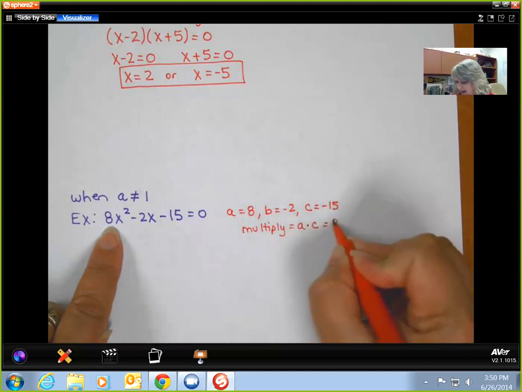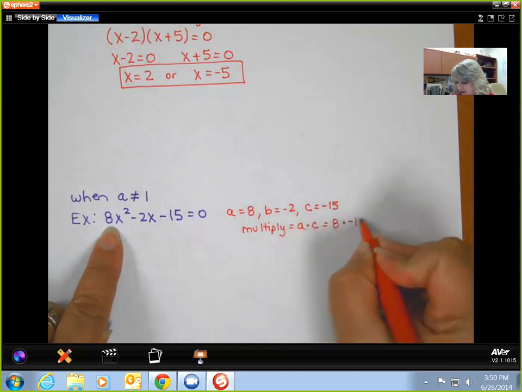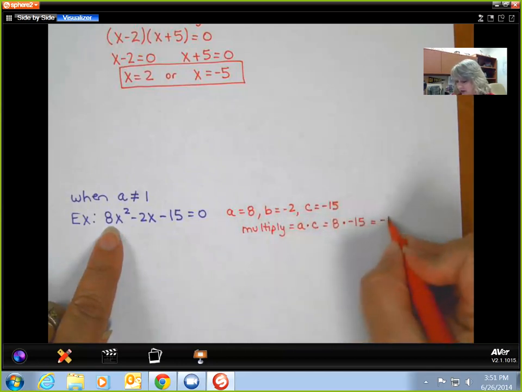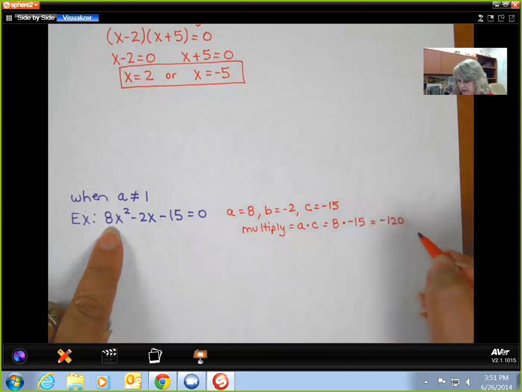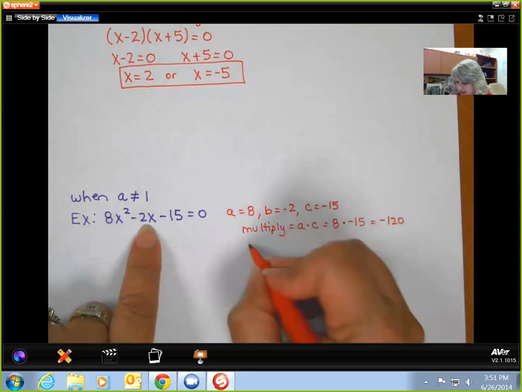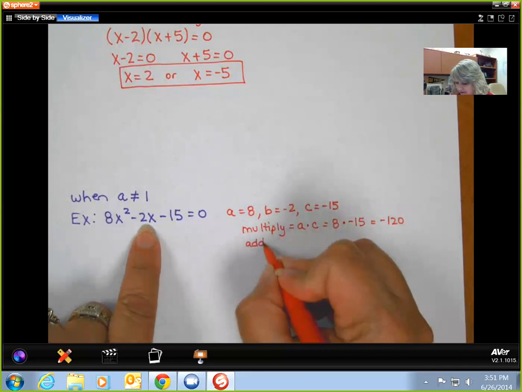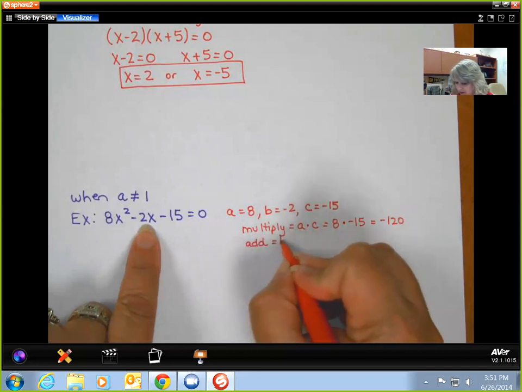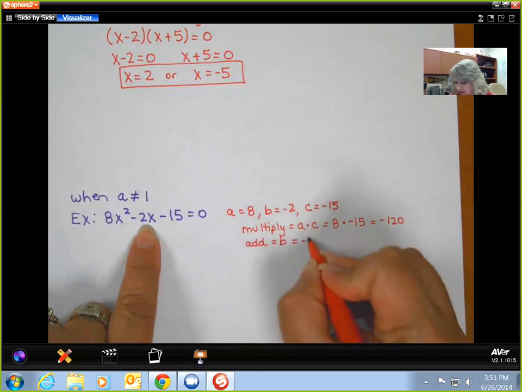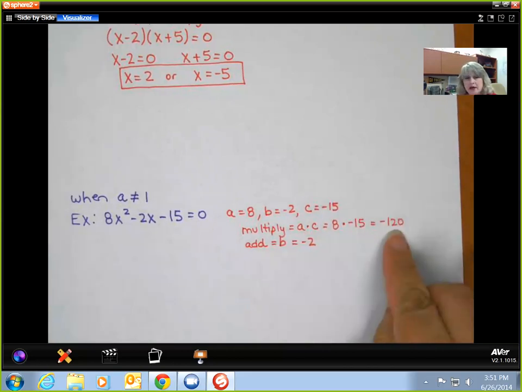So that's 8 times negative 15, which is negative 120. But they have to add up to equal that b value, which turns out to be negative 2.